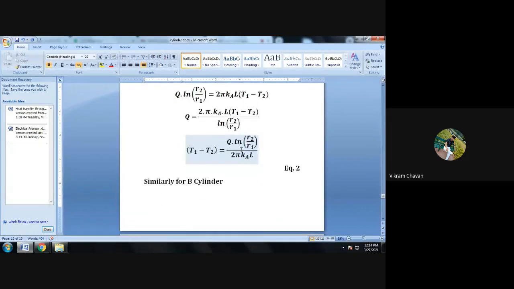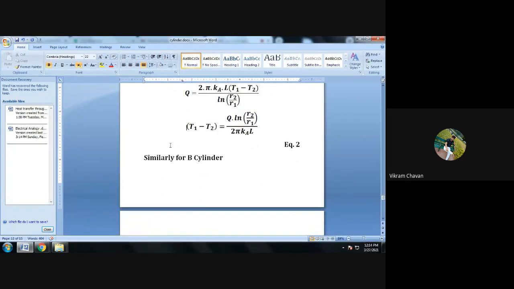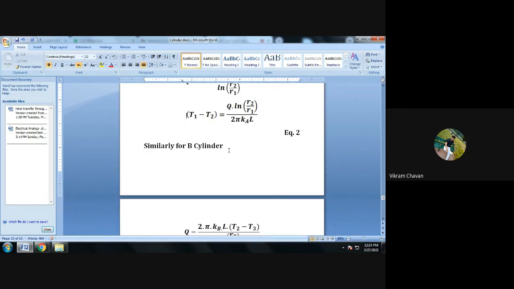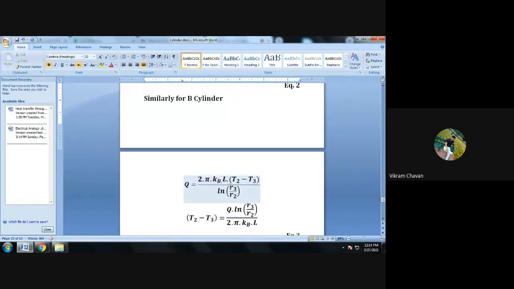So similarly for cylinder B, we can write Q is equal to 2 pi multiplied by k suffix B, that is the thermal conductivity of cylinder B, multiplied by L, and the temperature difference for cylinder B is T2 minus T3.